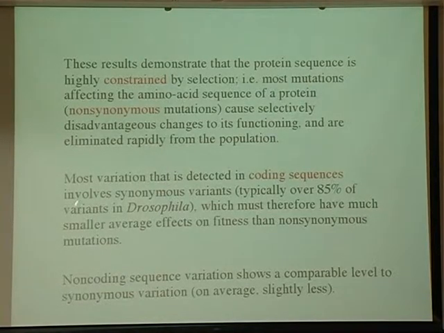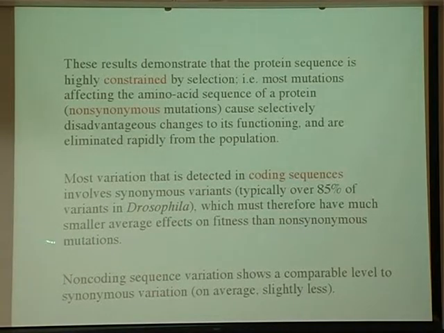So most of the variation that we see in coding sequences, the bits of the DNA that correspond to proteins, involves synonymous variants. So in the case of Drosophila, it's about 85% of the variants that we see at the DNA sequence level with respect to coding sequences are synonymous.